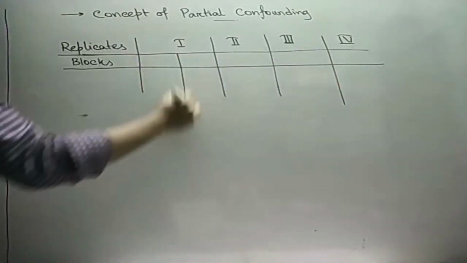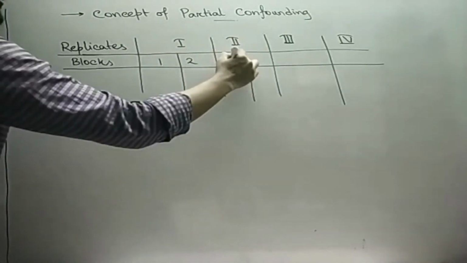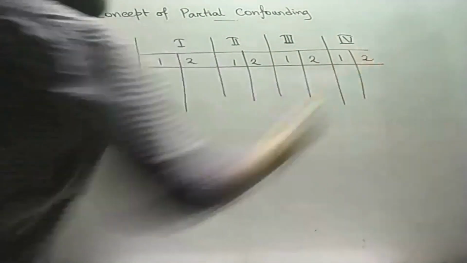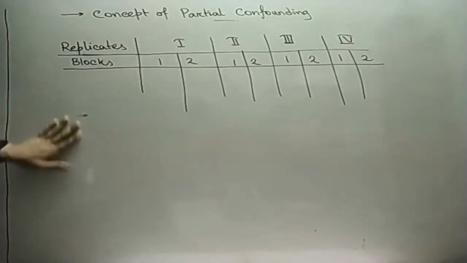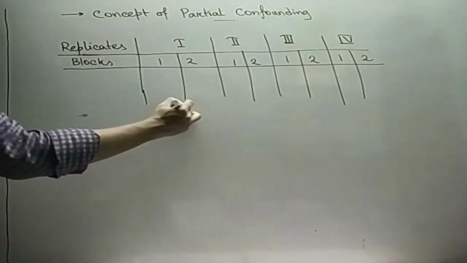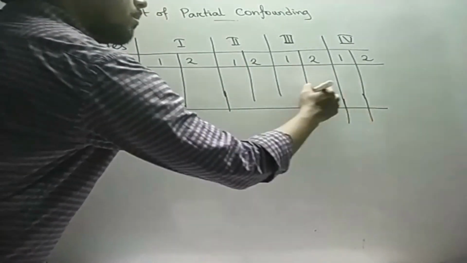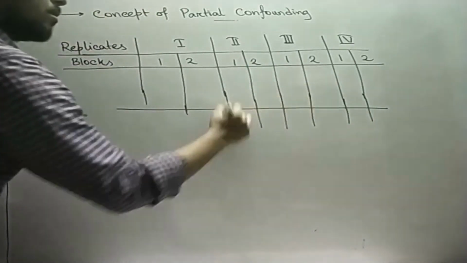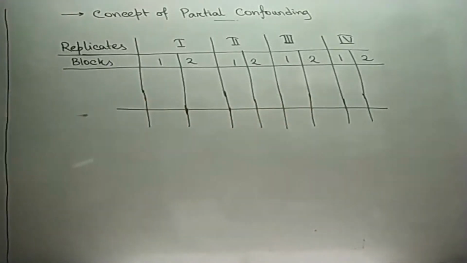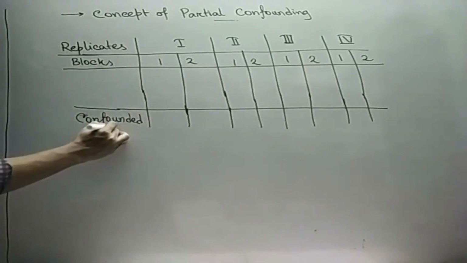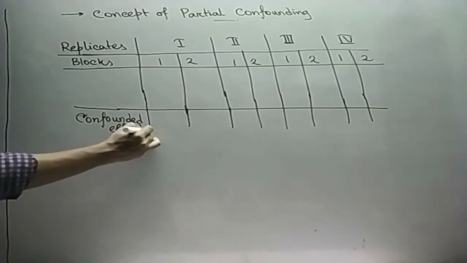So let's divide each replicate into 2 blocks. The first block is, so these are the confounded effects.